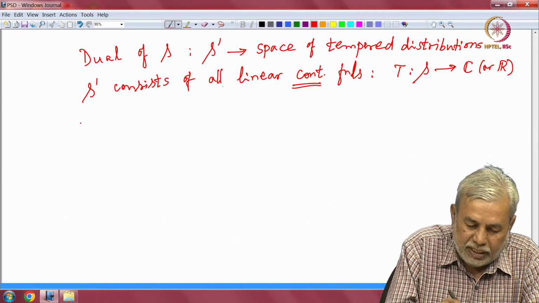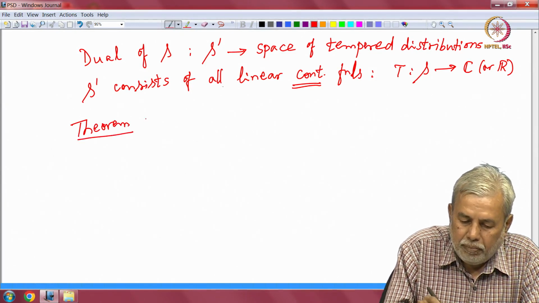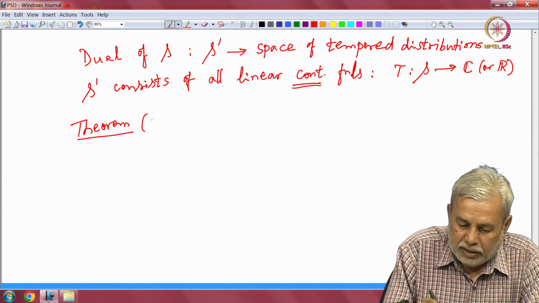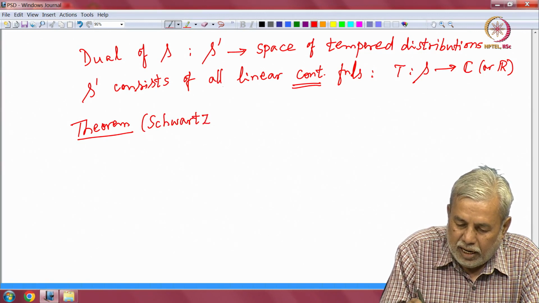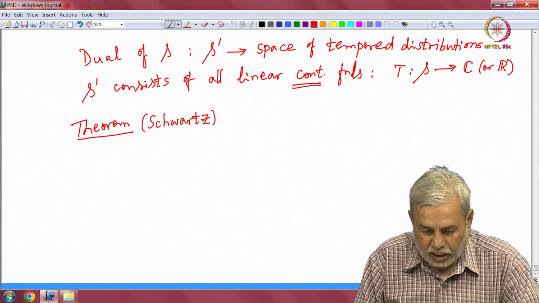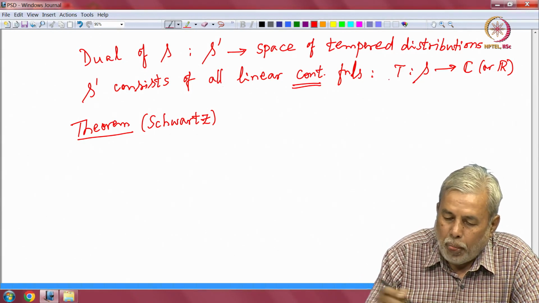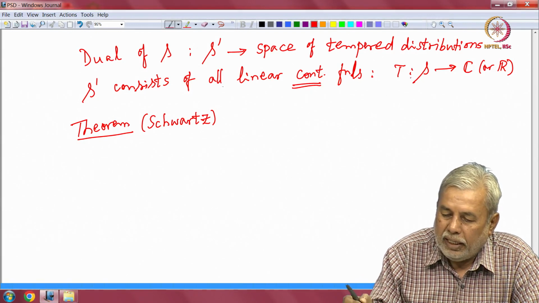I state it as a theorem. I am just stating a simple version, but there is a stronger version of this theorem. I am just confining myself to only one linear functional.